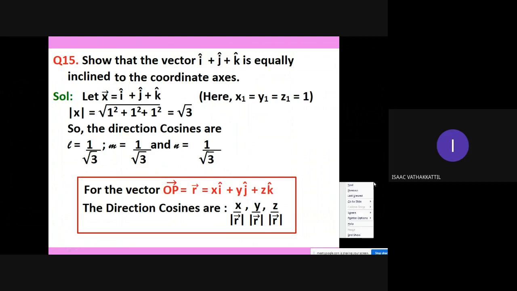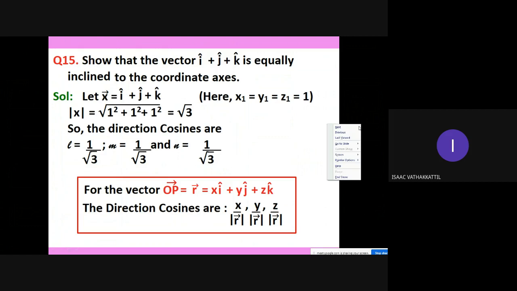Let us see how we get the direction cosines. Direction angles alpha, beta, gamma are the angles made by vector r with OX, OY and OZ. What is the angle made by the vector with the x-axis?